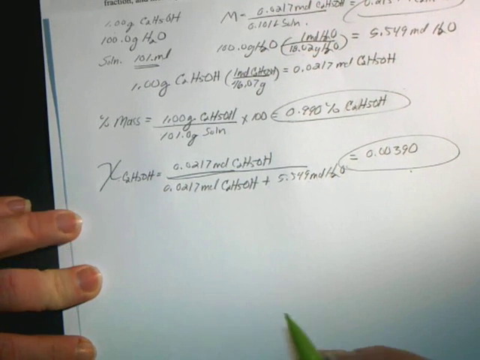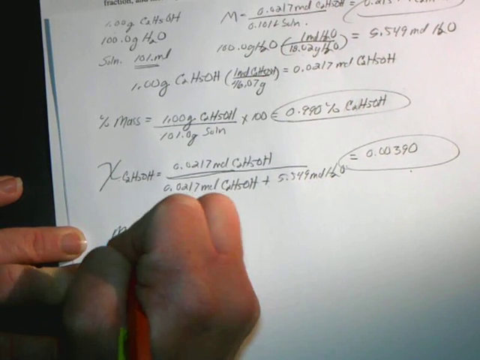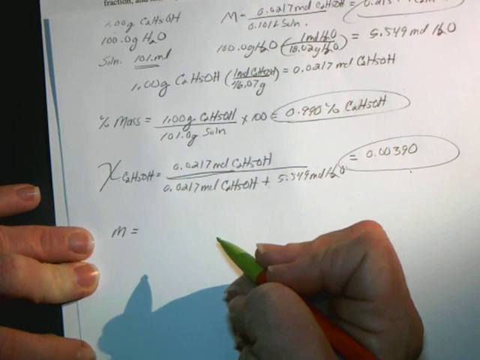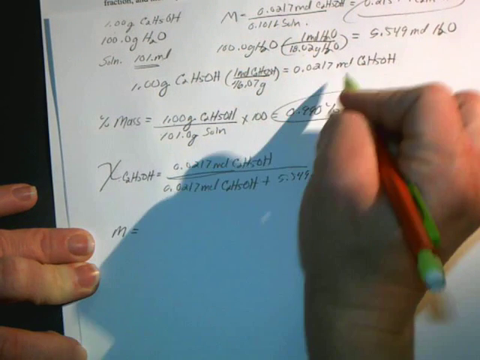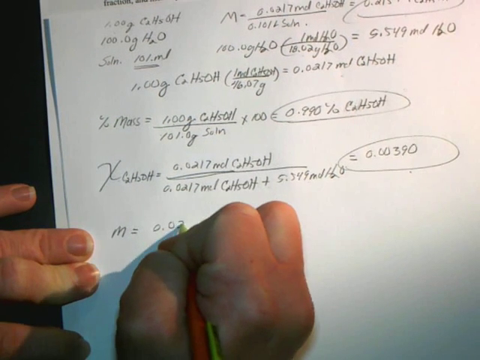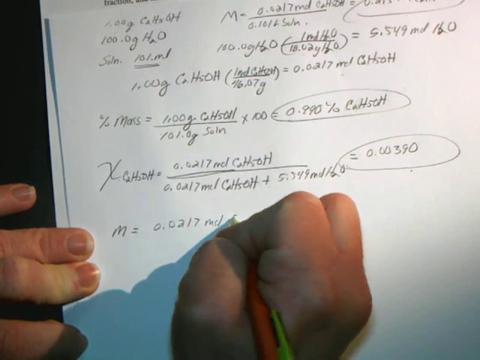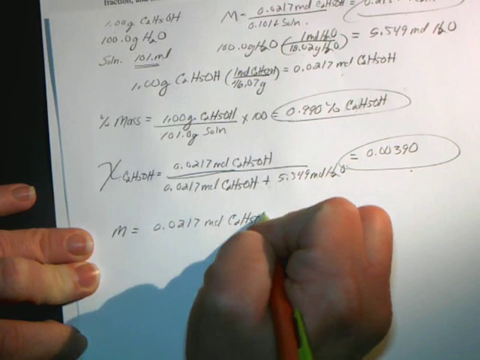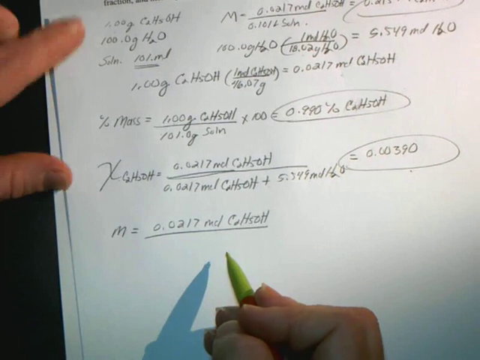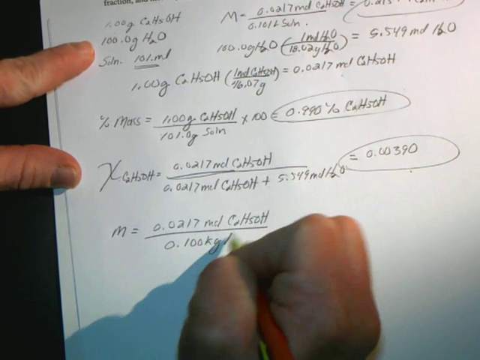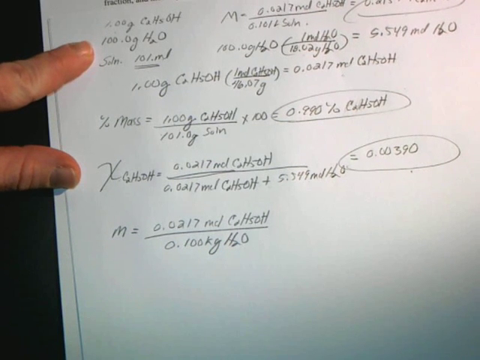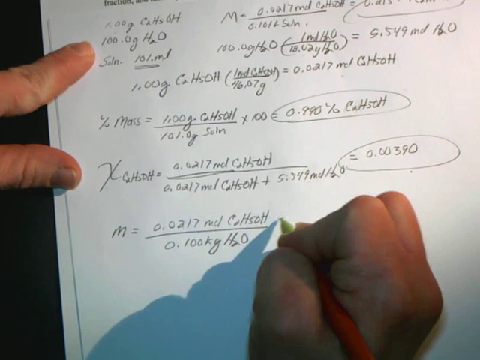All right, one more thing, molality, which is mole of solute per kilogram of solvent. So again, using the moles of our ethanol divided by kilogram of solvent. And we need to be careful. Molarity and molality are not the same concentration expressions.